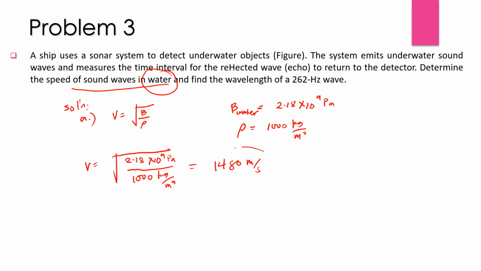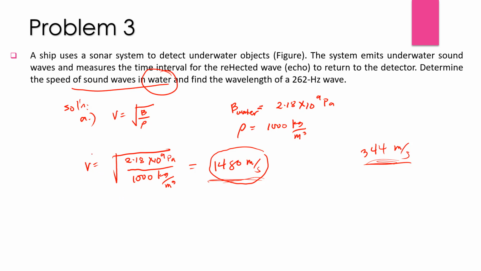So this is now the speed of sound in water. Take note, if you compare it to the speed of sound in air, which is around 340 to 350 meters per second, the speed of sound is much faster in water than in air. Okay, so the speed of sound in water is around 1480 meters per second.